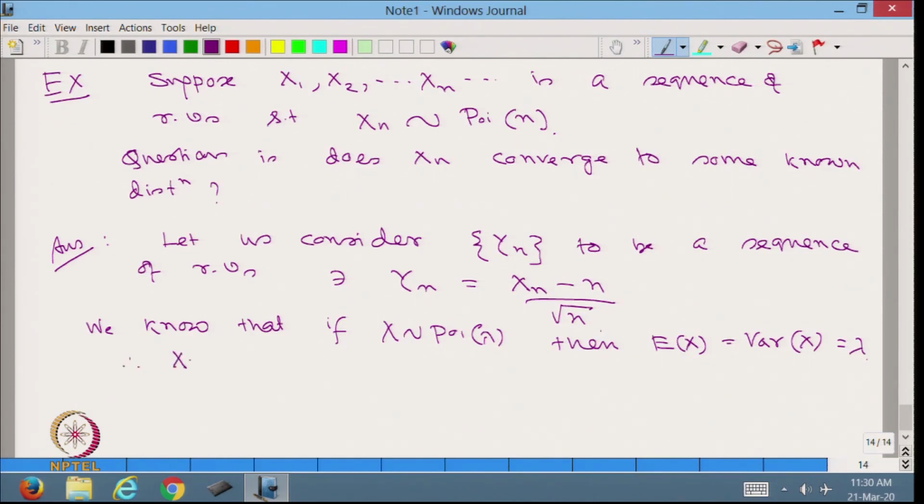Therefore, (x minus lambda) upon root lambda is the normalized form of x, because it is variable minus mean divided by standard deviation.